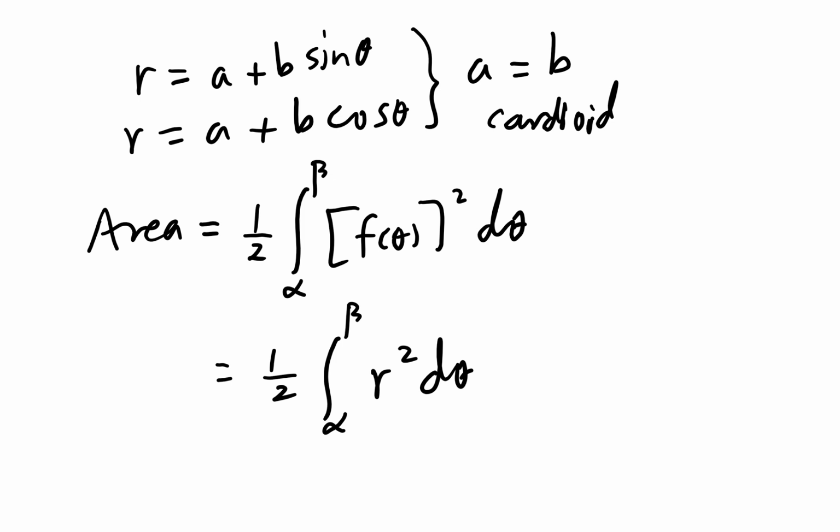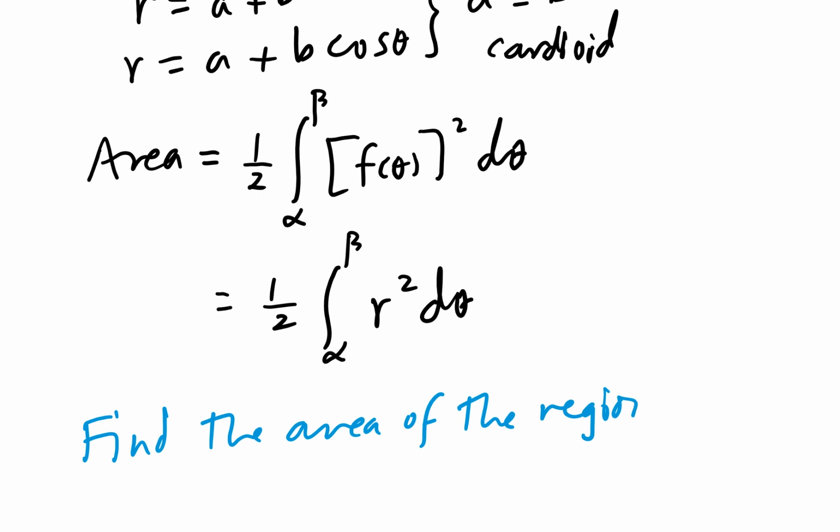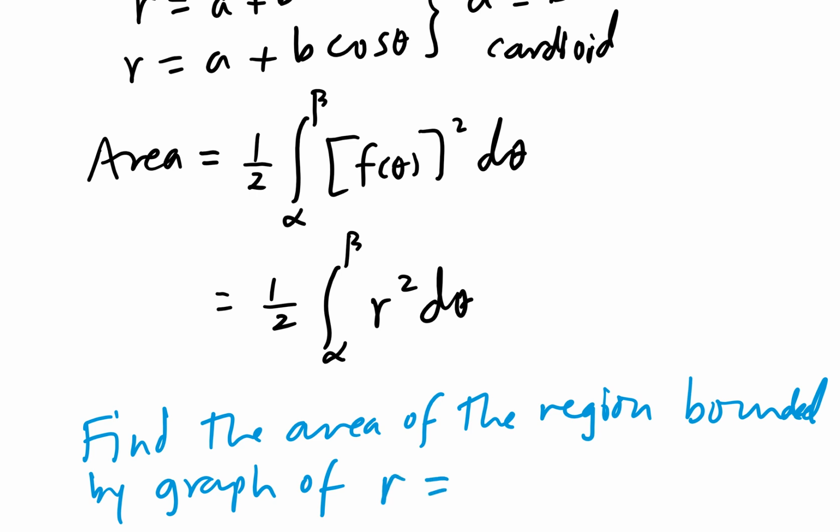Now we can look at an example. Maybe find the area of the region bounded by the graph r equals 2 plus 2 sine theta.